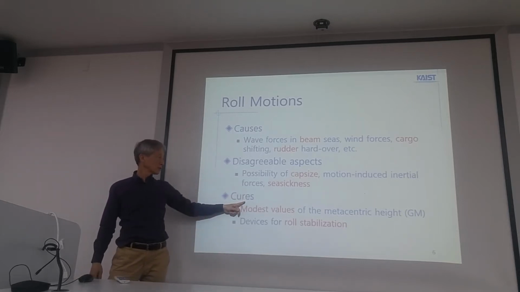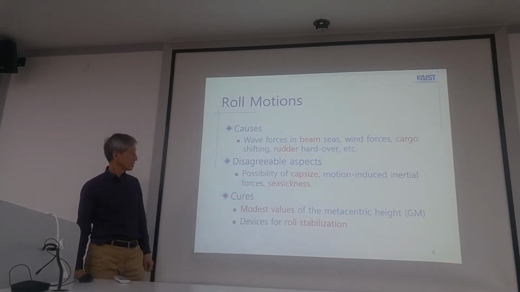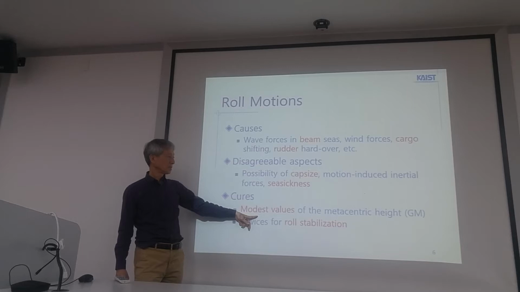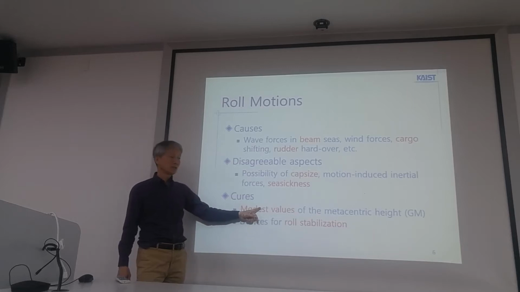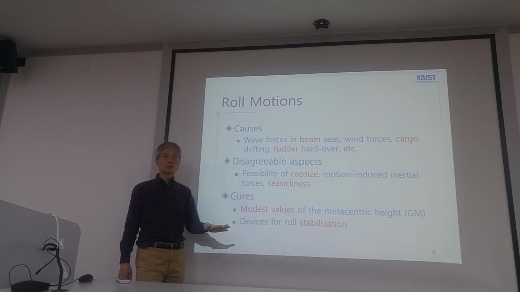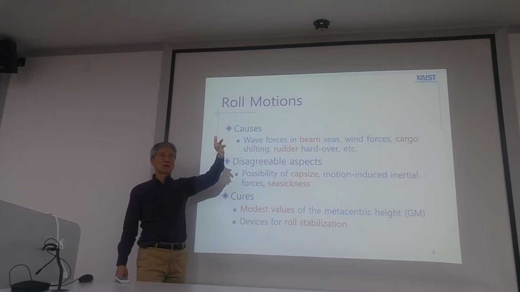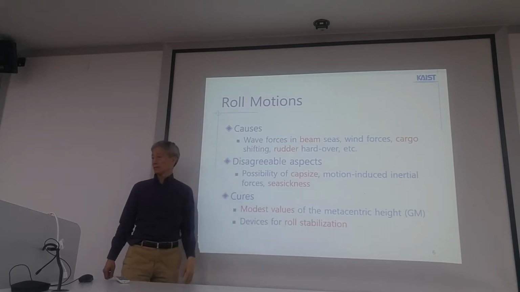How do you treat this roll? The GM, and also this is a modest value, as I said before. Too low is unstable, too high means too high speed or acceleration.